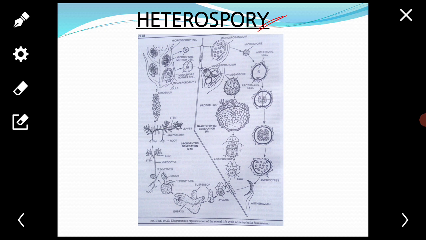Which ones? Selaginella, Isoetes, Stylites, Marsilea, Pilularia, Regnellidium, Salvinia, Azolla, Platyzoma. Out of these 9, we discuss the heterospory of Selaginella, that is the life cycle of Selaginella.